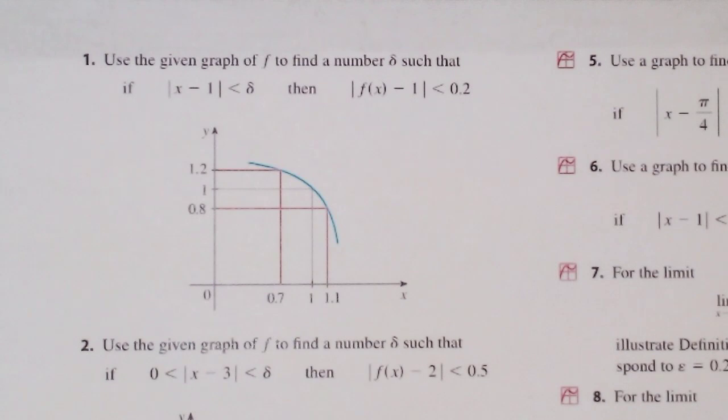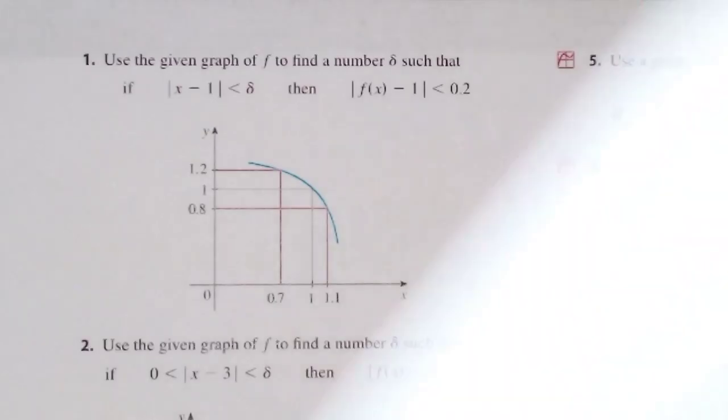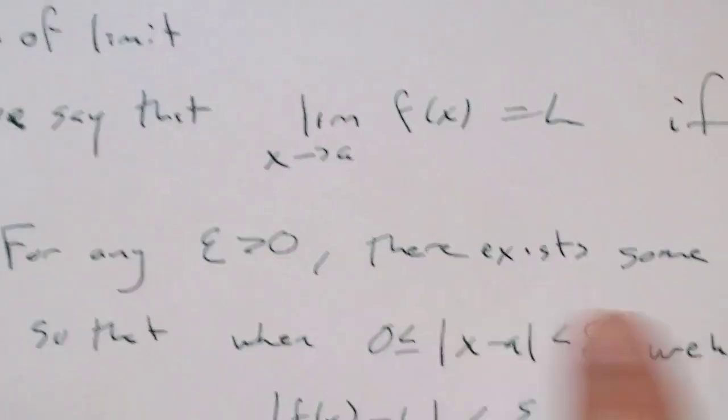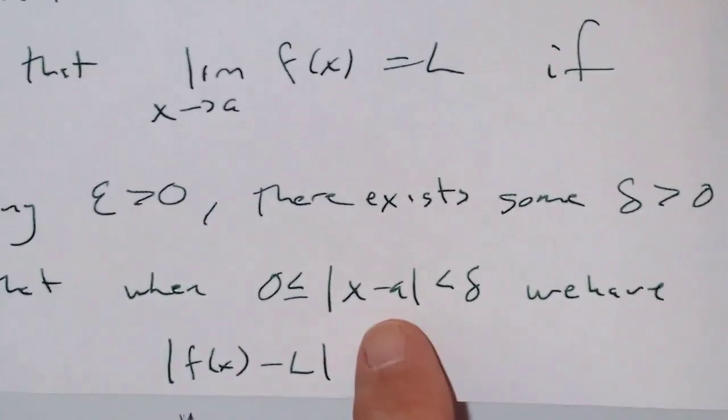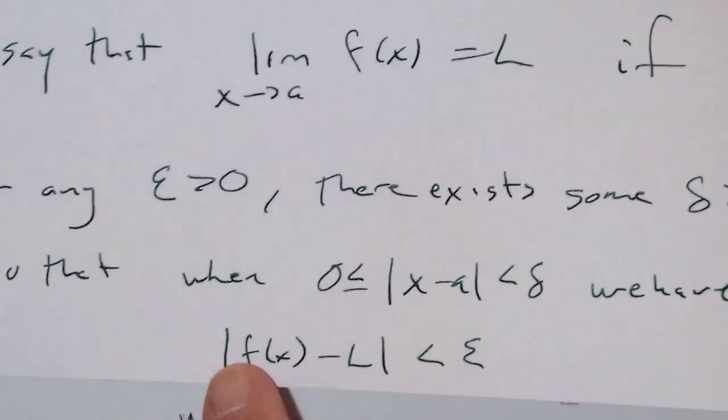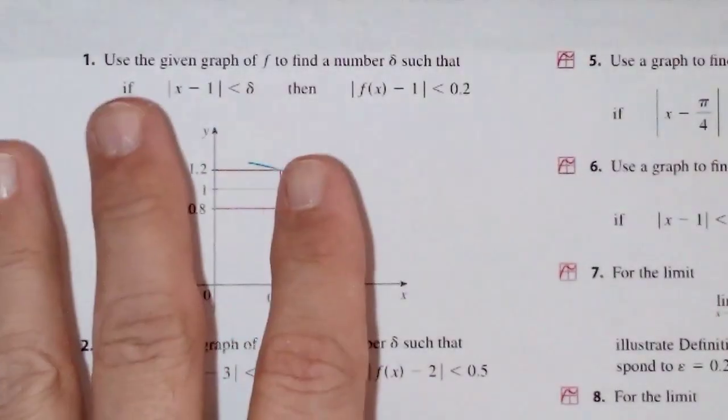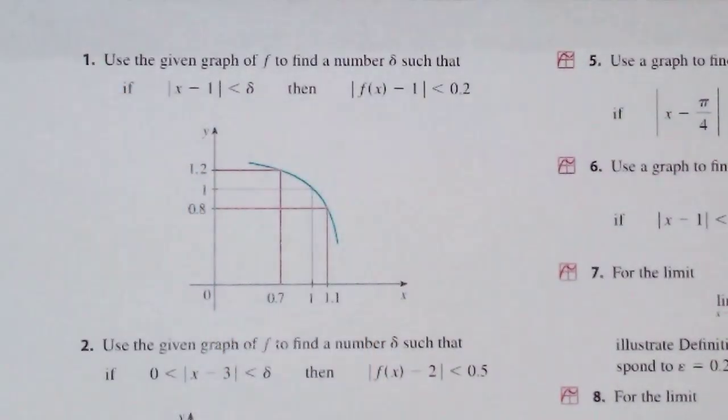The first thing I need to do is I need you to tell me, based on my definition, I have epsilon, delta, A, L, f of x. I need to know what pieces on here match the pieces out of my definition.